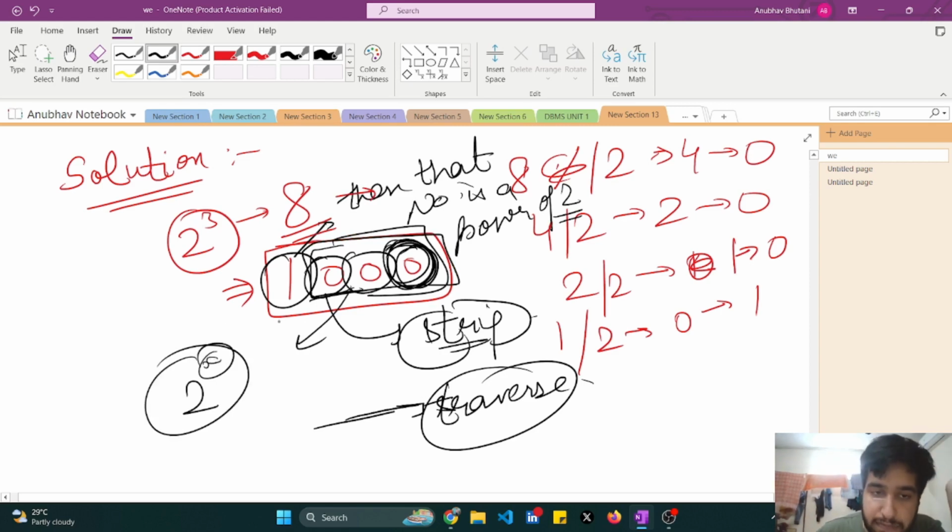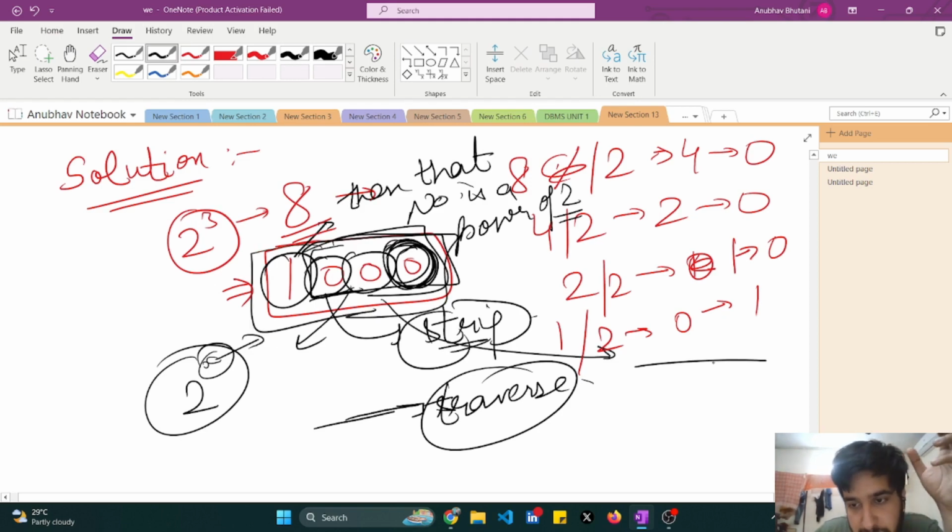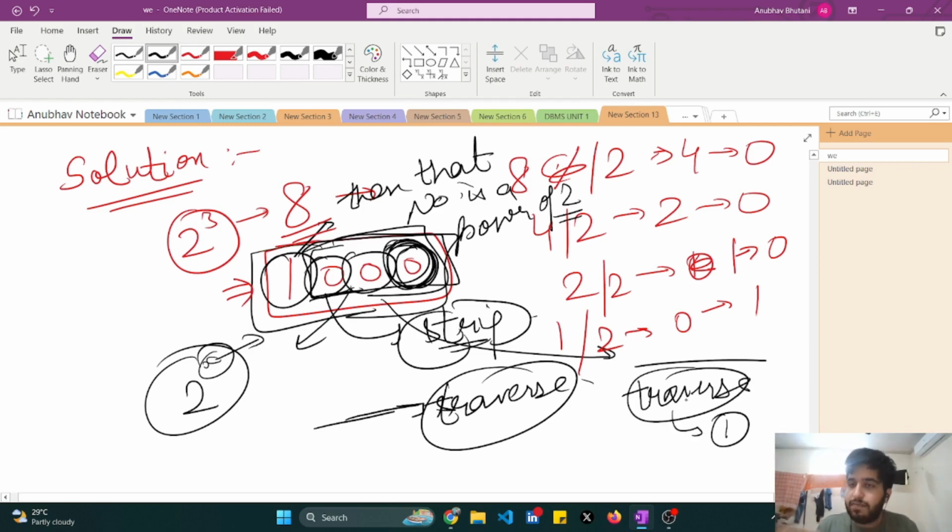This x can be any number. I'll move it to a string and traverse the string to check if it contains only one value of 1. Understood, right? Only one once.